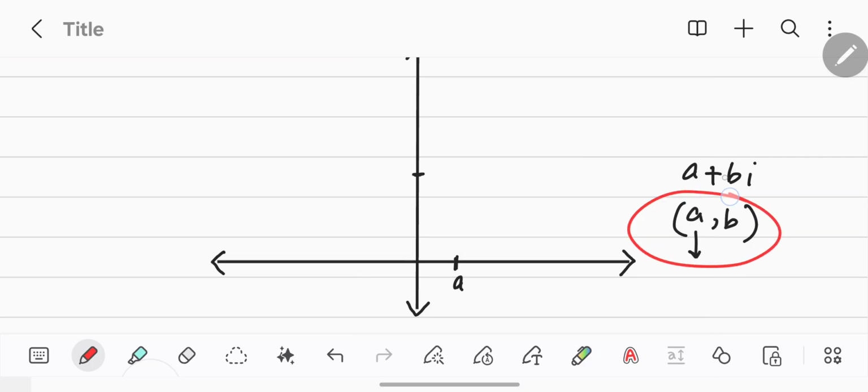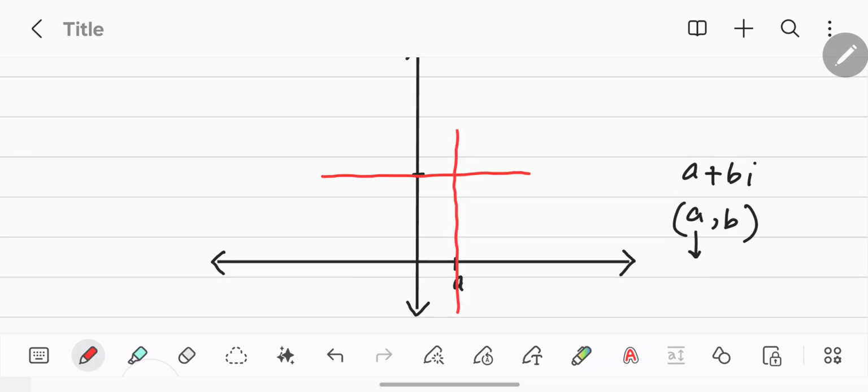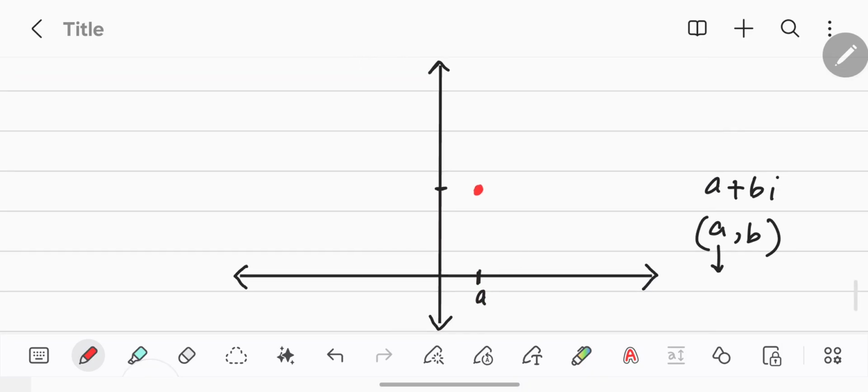In order to find a comma b, I will draw two perpendicular lines, this line and this line, passing through both points, and this point is the point of intersection. Now I will draw the vector whose tail is at the origin and whose head is towards the point.